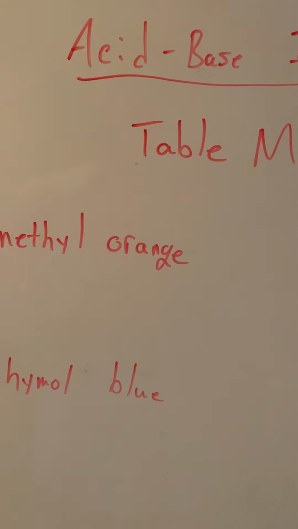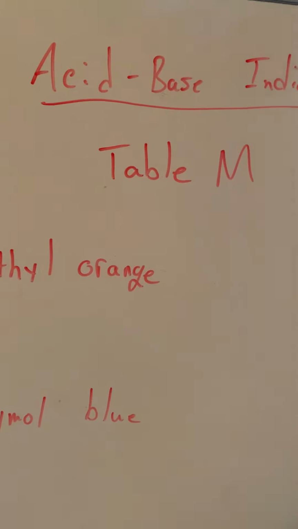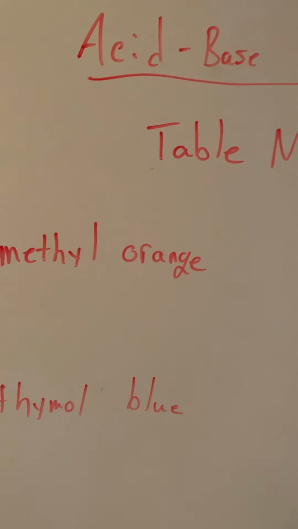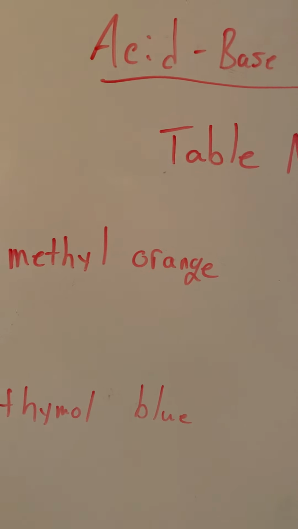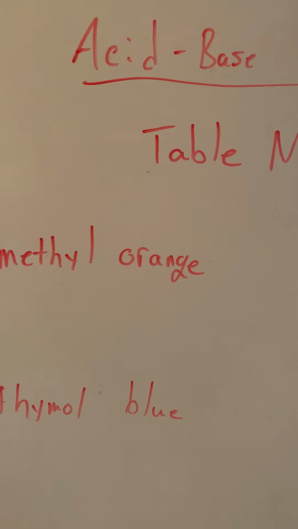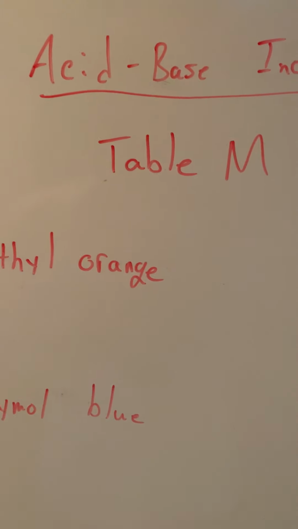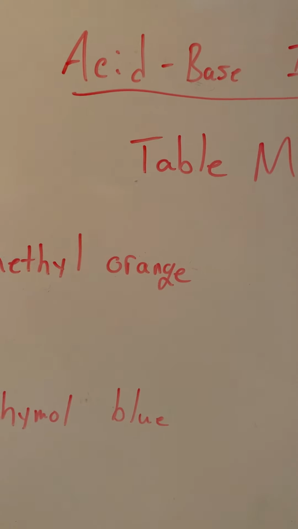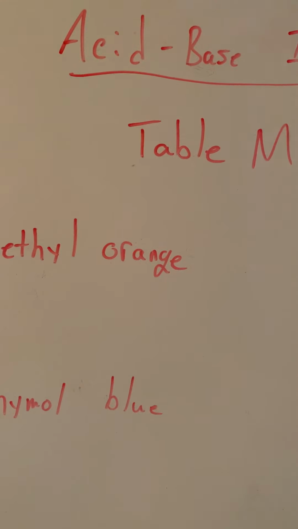So in a titration, we're trying to determine an unknown concentration of an acid or a base from a known concentration of the opposite, whether it be an acid or a base. So when that happens, we have to add either acid to base or base to acid.